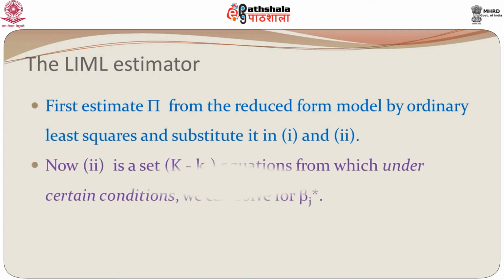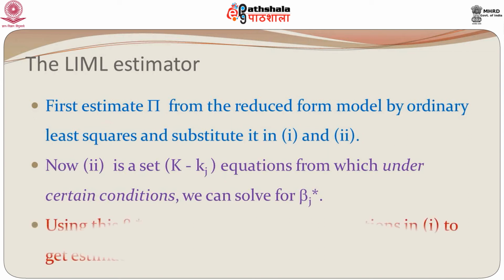What we can do is first look at the second set of equations. Notice that the second set of equations, the k minus k j equations, do not involve gamma j star. It only has beta j star and the estimated pi 1 2 hat. So, if we can solve for beta j star from this, we get an initial estimate for beta j star.